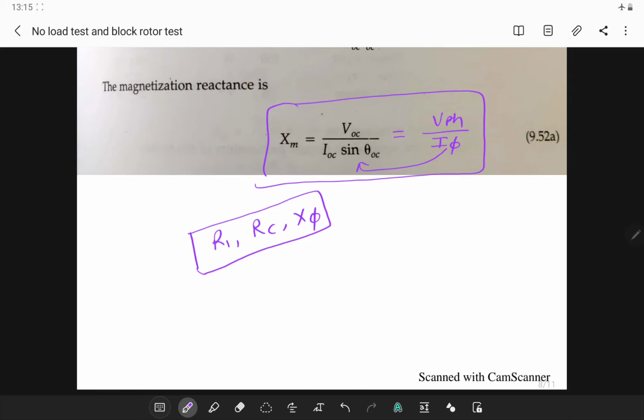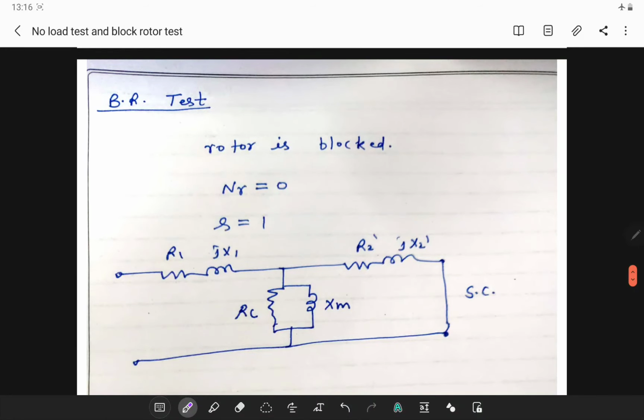Now we will move to the final test of induction machine, that is blocked rotor test. So that is written BR test, or I can write it for you as blocked rotor test.